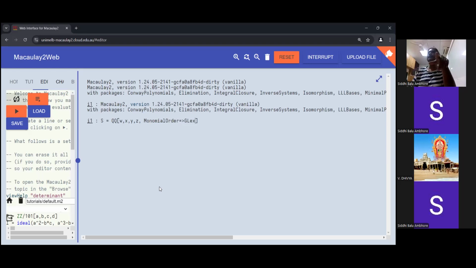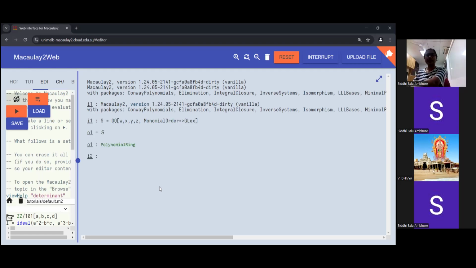The LCMs and initial terms which we calculated are with respect to graded lexicographic order. We can't define initial terms and everything without giving an order to the polynomial ring.